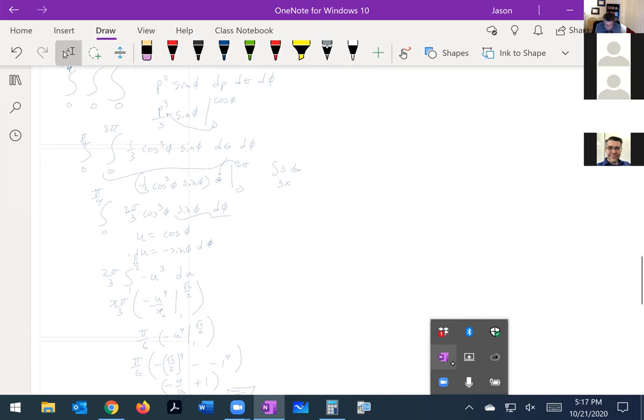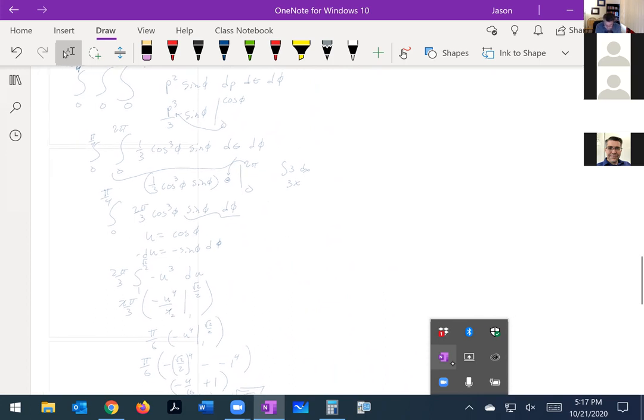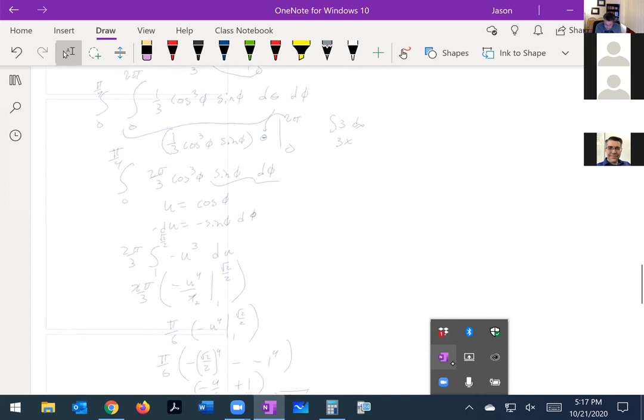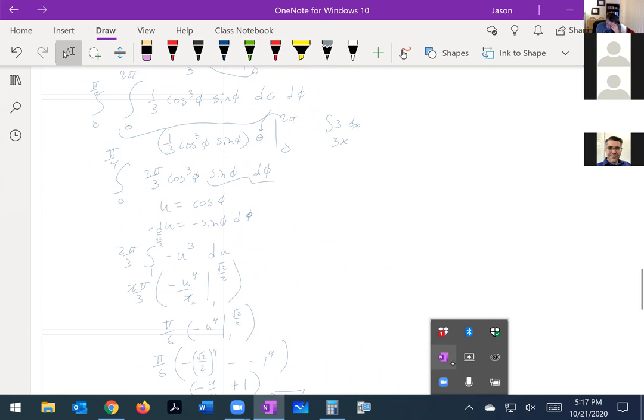Just right before the U substitution. Like with the 2 pi over 3 cosine to the 3rd and then sine, would it be possible to do the same thing but without U and just do negative some constant cosine to the 4th, and then sine, or no sine?